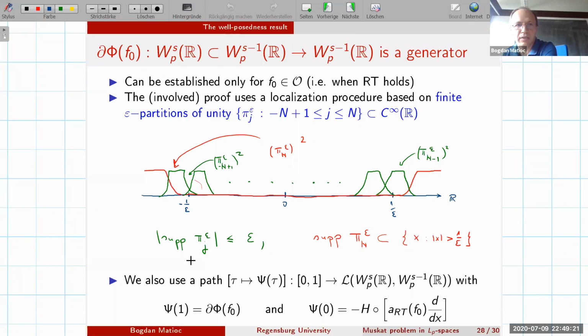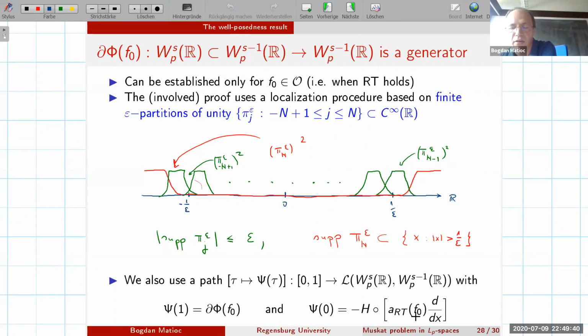It is not sufficient to localize this operator, but we need to localize a continuous path, psi of tau, which relates the Fréchet derivative to a simpler operator. This is a Hilbert transform.